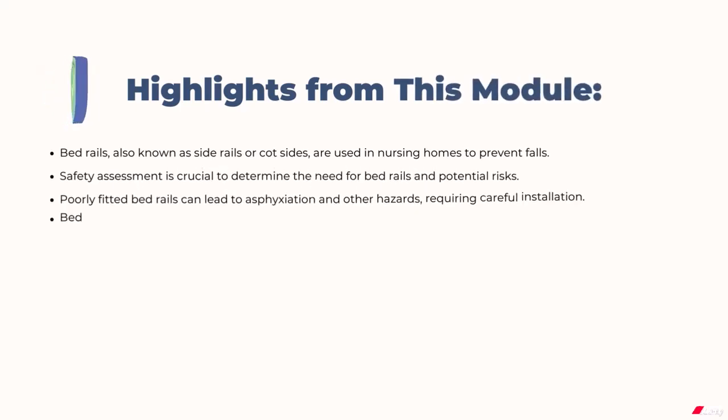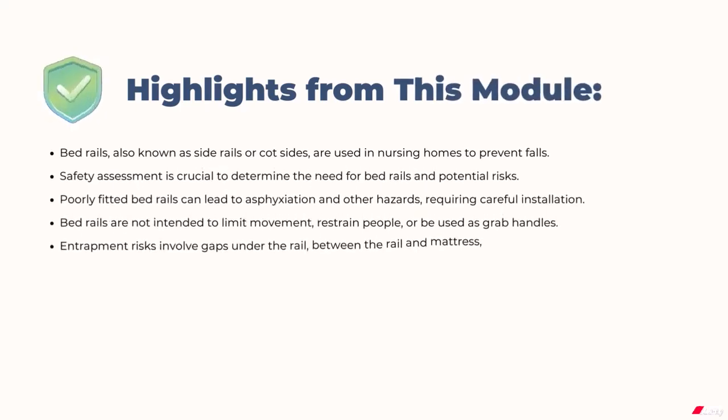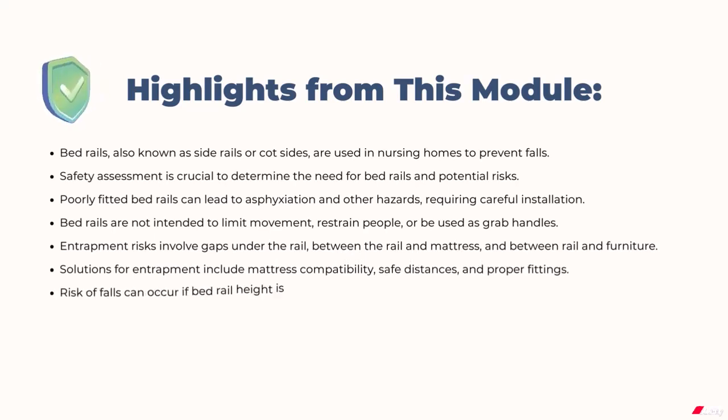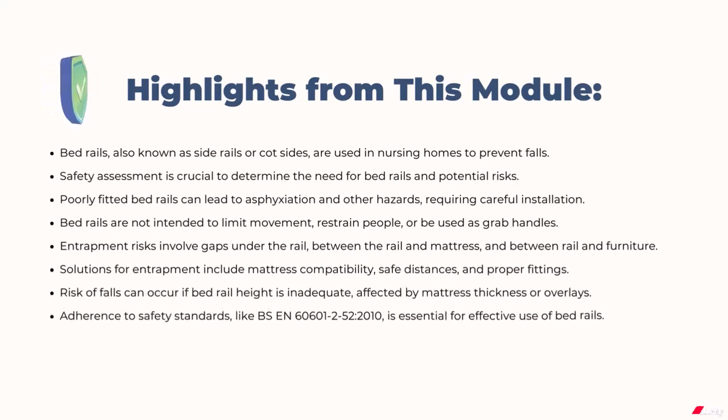Highlights from this module. Bed rails, also known as side rails or cot sides, are used in nursing homes to prevent falls. Safety assessment is crucial to determine the need for bed rails and potential risks.